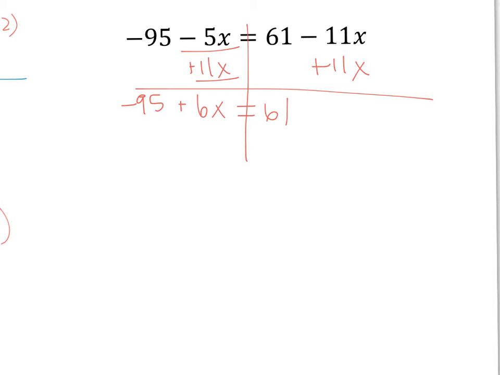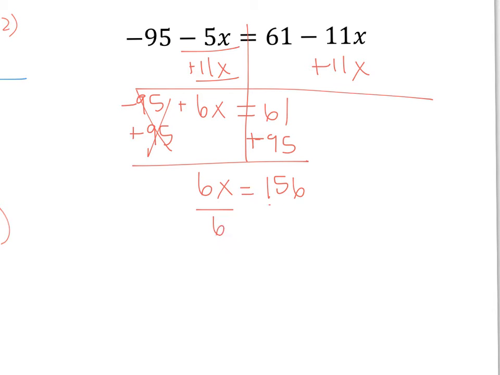Now to undo this negative 95, the inverse operation is I would add 95. And then I'm left on the left-hand side with 6x equals 61 plus 95 is 156. Last step would be to undo a multiplication problem with division and get x equals 26.